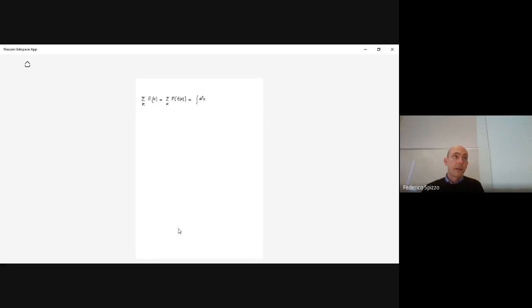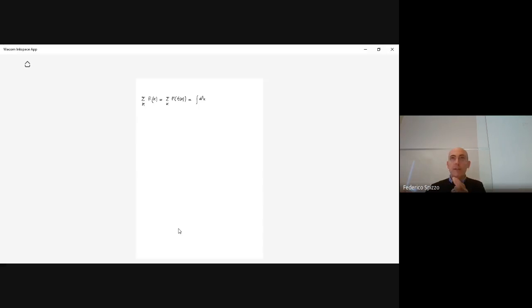For the moment, we just use Cartesian coordinates, x, y, and z. Then we have this d3k that represents a small volume in this space where we have the wave vectors.